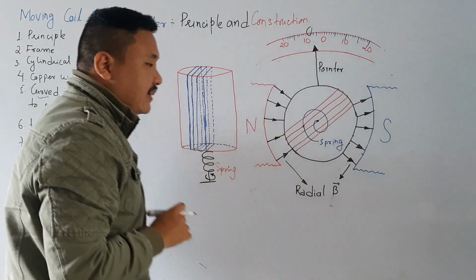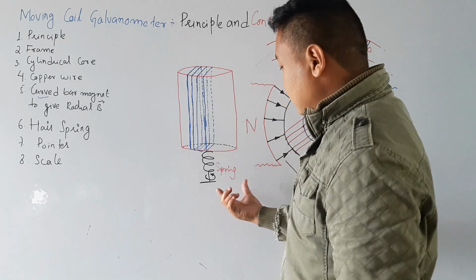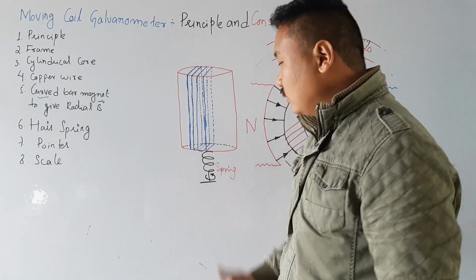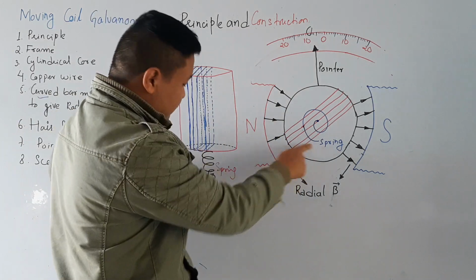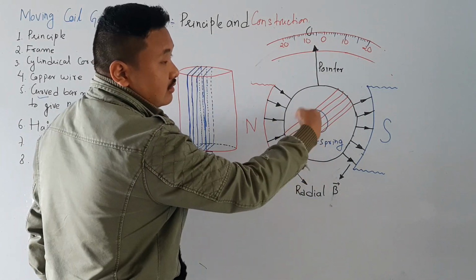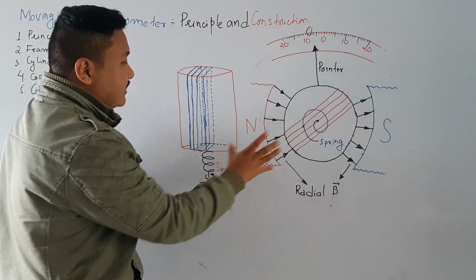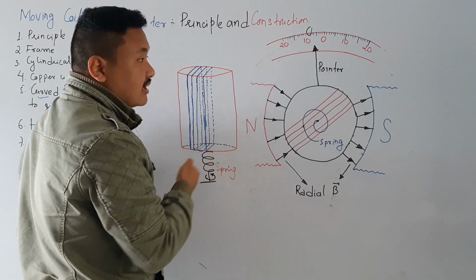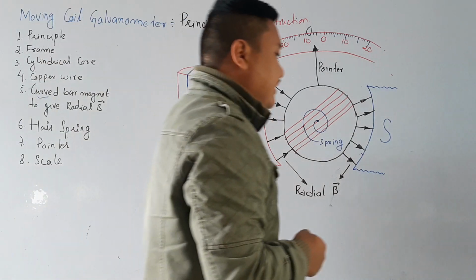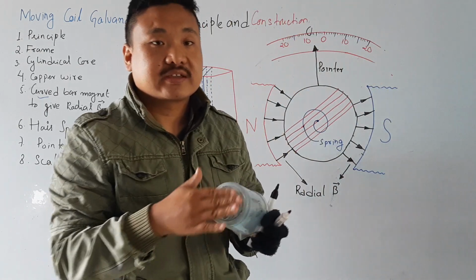The spring has an important function which we will discuss in the working part. I have denoted the spring in this form, and the spring, the coil and this cylinder are connected. Also remember, there is a pointer attached to this cylinder.